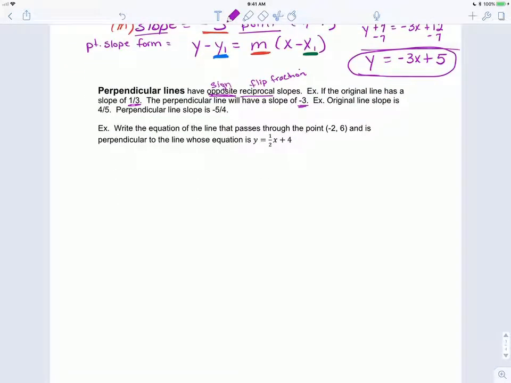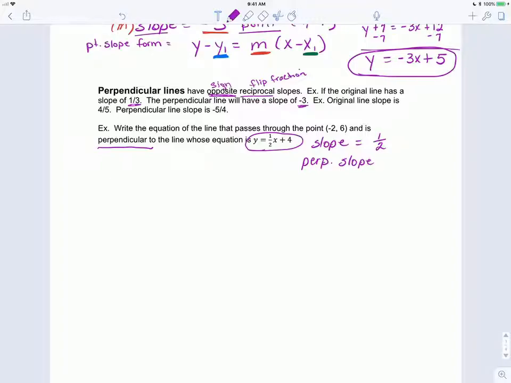All right, so if we're going to write the equation of a line that passes through the point (-2, 6) and is perpendicular to the line with this equation, what's the slope of this equation? Well, this one's already in y is equal to mx plus b format, so in this instance, the slope is 1/2. Well, it's not asking for that slope, it's asking for the perpendicular slope.